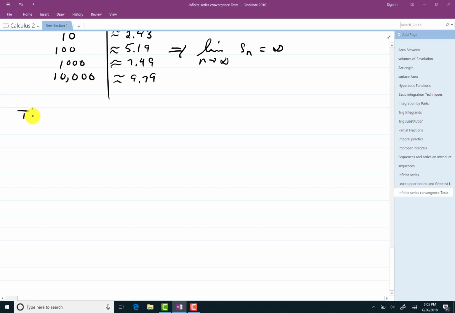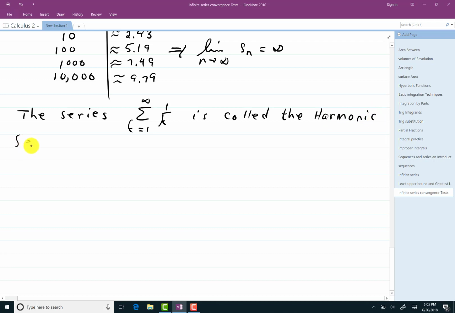The series of 1 over k is called the harmonic series. From what I understand, it has some sort of a connection to music, but I can't tell you what it is. But apparently there is some sort of a connection to music with this series.